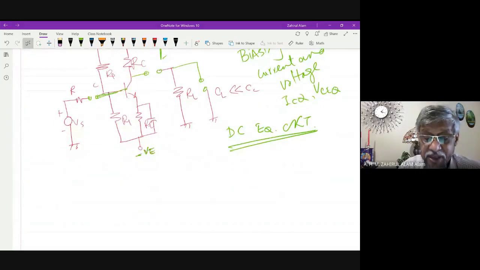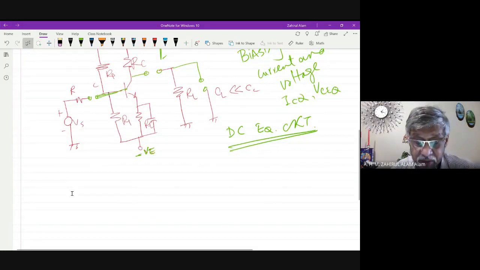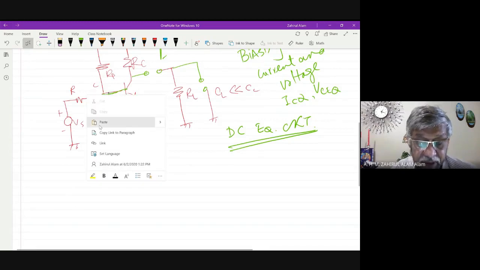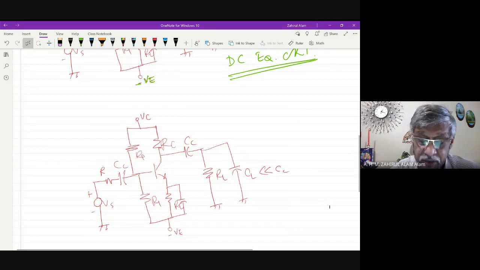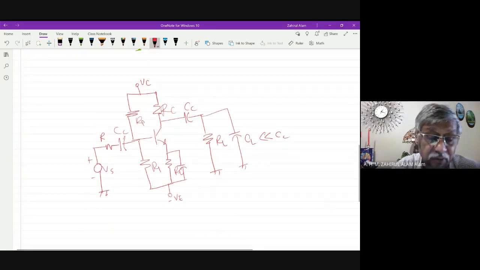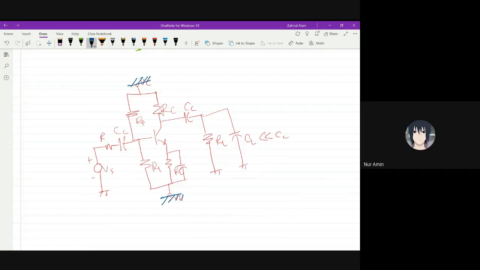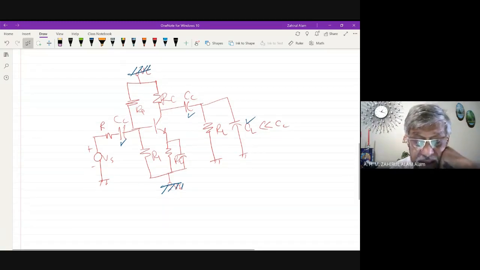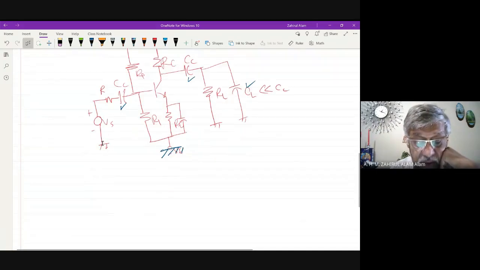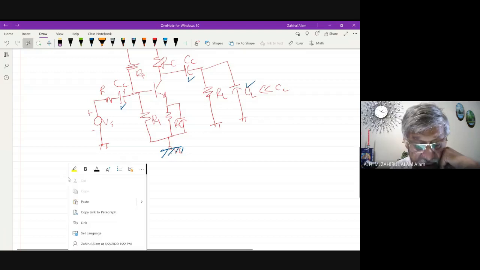Now if I wish to draw the AC equivalent circuit, then what we need to do? We need to make all the DC voltage sources short circuit, and all the capacitances are there. From this we can redraw the AC equivalent circuit.